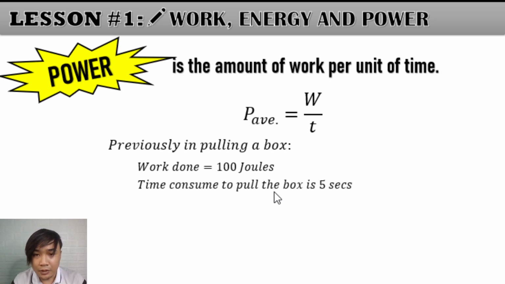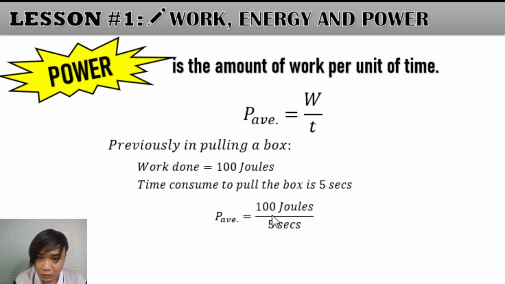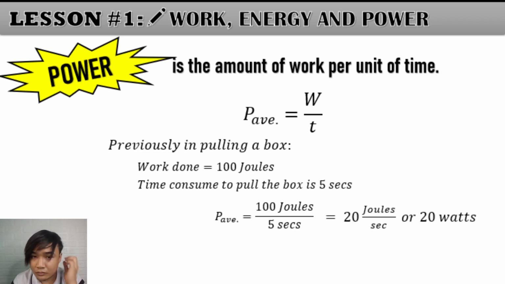Time consumed to pull the box is 5 seconds. So, calculate the power. Average power is equal to 100 joules divided by 5 seconds consumed. Then, equal to 20 joules per second, so, equal to 20 watts. So, 1 joule per second equal to 1 watt.